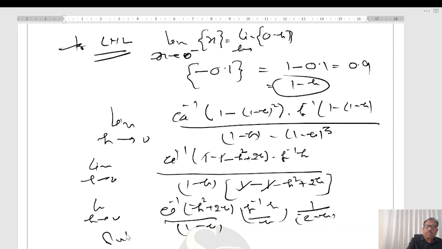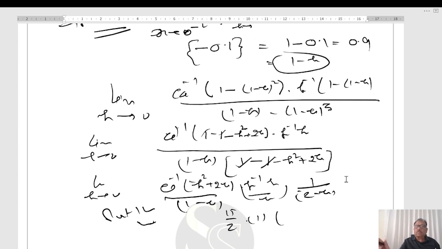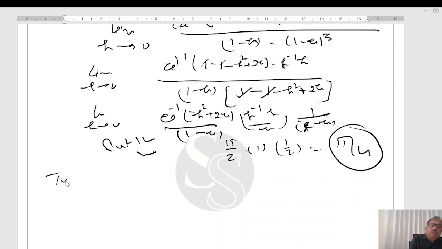Put the limits. We get cos inverse 0, that is pi by 2, into sine inverse 1 minus 0, this is 1, and 2 minus h is 2. The answer comes out to be pi by 4 for the left hand limit.